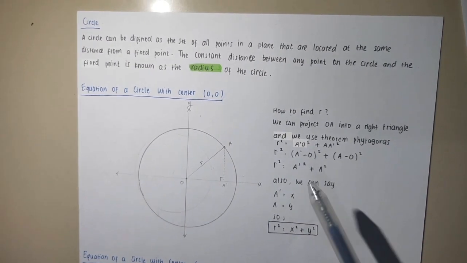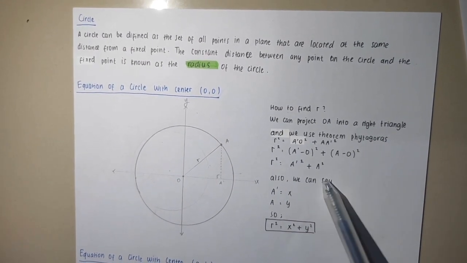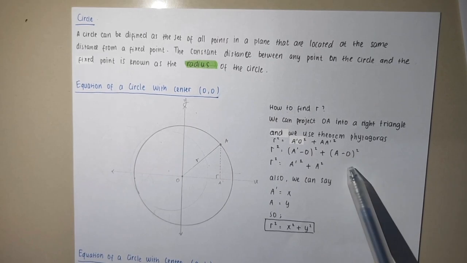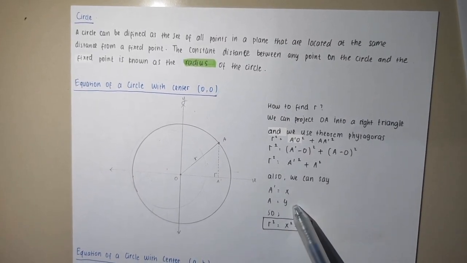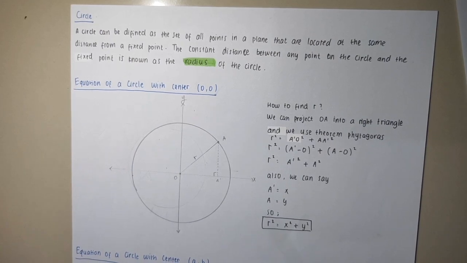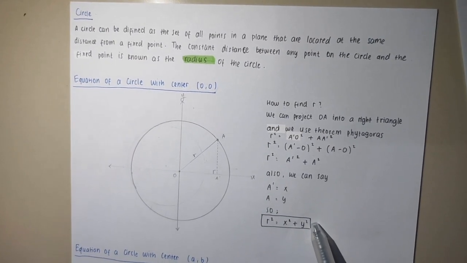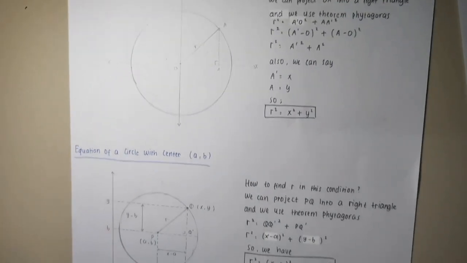Also, we can say x as x, y as y. So we have r squared equals x squared plus y squared.